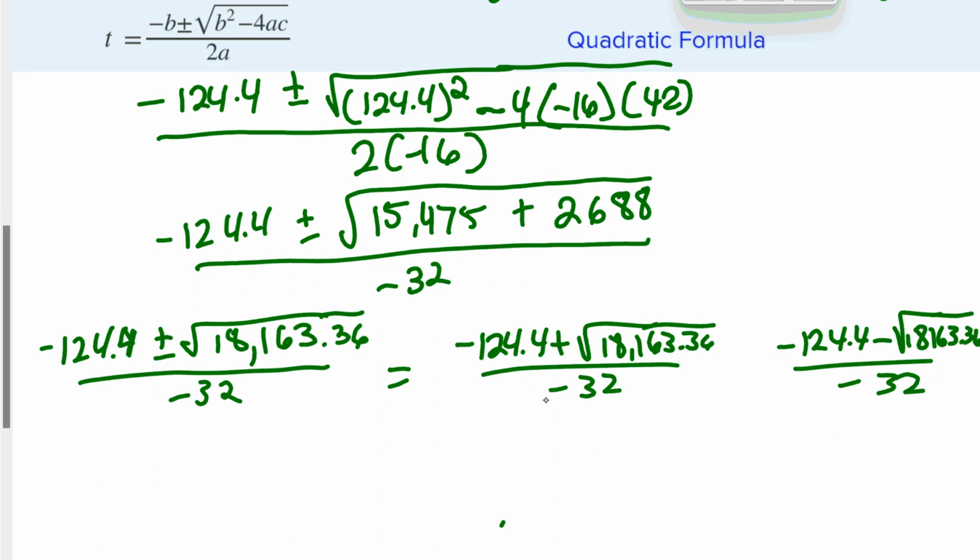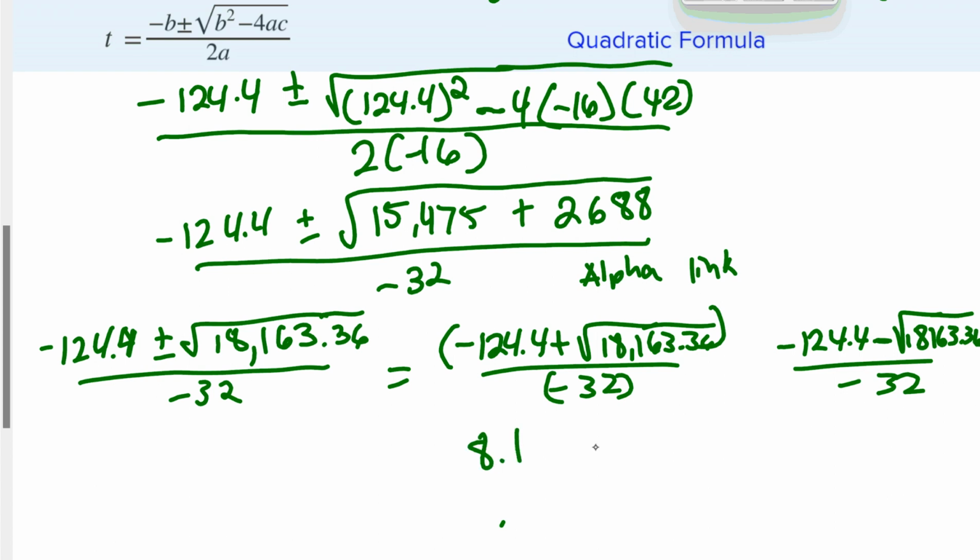Hit the negative button, 124.4, plus the square root of 18,163.36. Sometimes you have to use the fraction template, or you can put it in parentheses and then divide by negative 32, and you might have to put parentheses around the negative 32 as well. Then you come back, highlight it, scroll up, change that positive to a subtraction, and hit enter, and you should get your 2 answers.